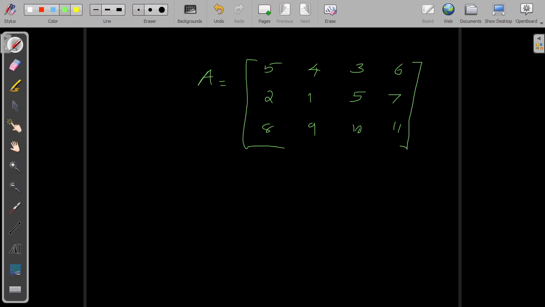So this is our m by n matrix with m equal to 3 by 4.